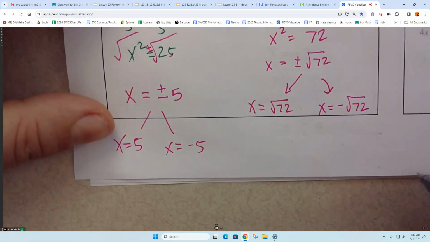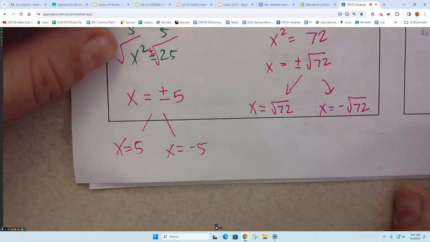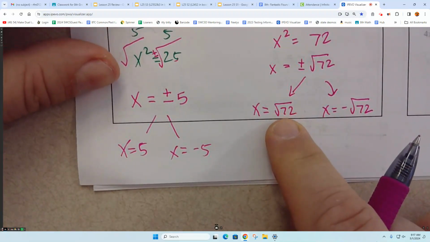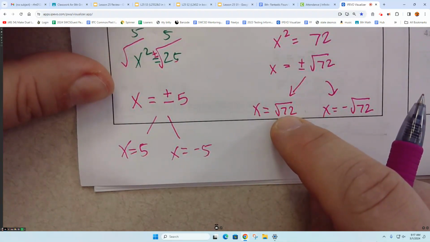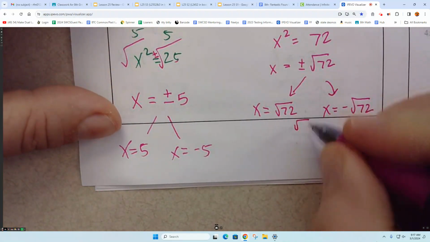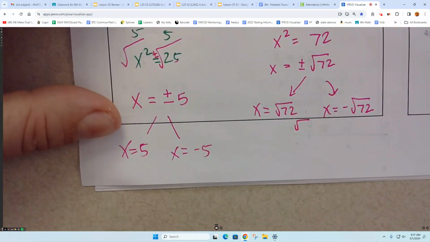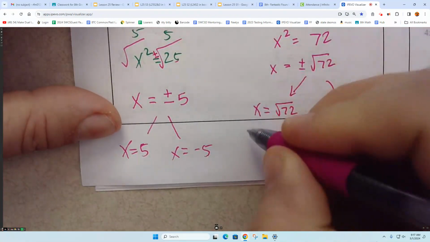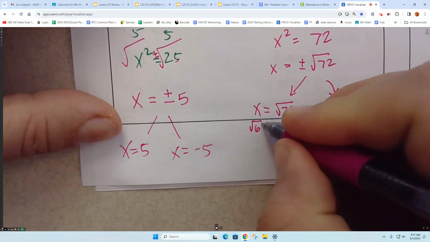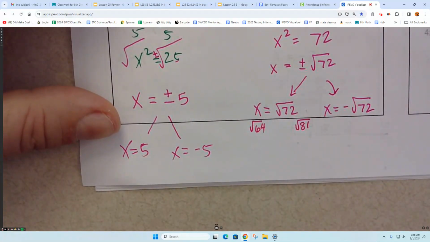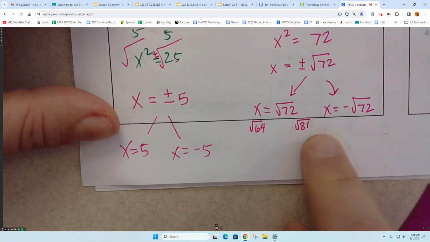They want to know this is between what two numbers. So what's the next one up that's a perfect square? 9. So the square root of 81. And it's greater than the square root of 64. Does that make sense? That it's 8 squared and 9 squared.